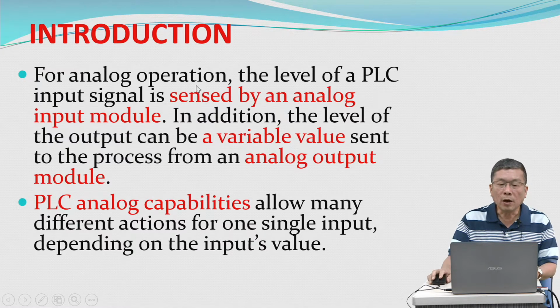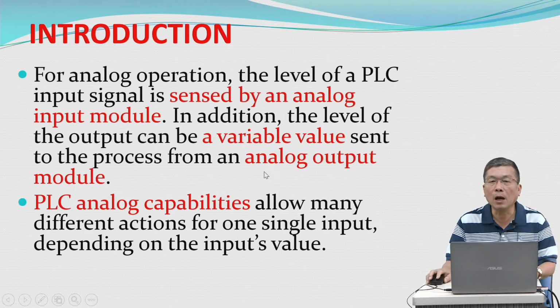For analog operation, the level of a PLC input signal is sensed by an analog input module. In addition, the level of the output can be a variable value sent to the process from an analog output module.